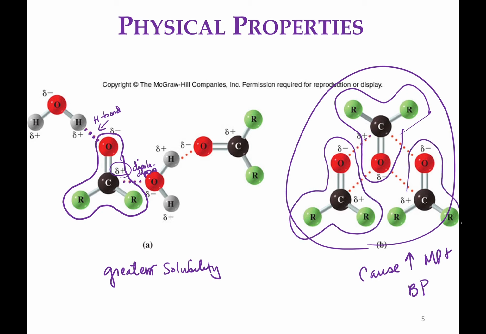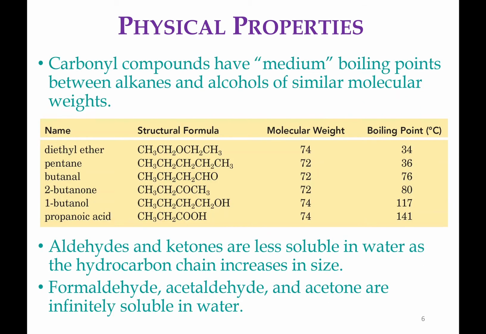Some of these fit really well together and attract each other in so many ways. They form even stronger, more attractive forces than we would expect, making their boiling points and melting points even higher. But all these intermolecular forces here, even though they're dipole-dipole, are going to cause the melting points and boiling points to increase.